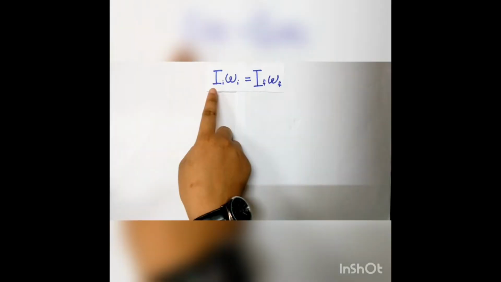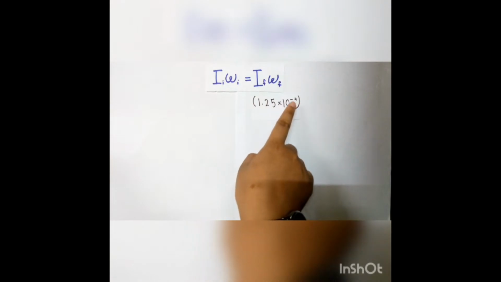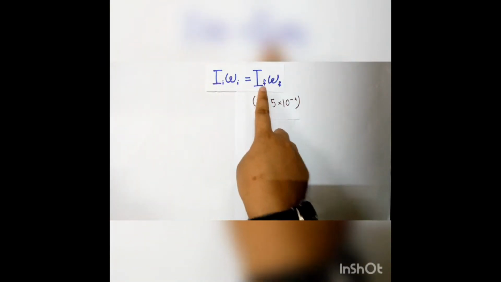We already know the initial moment of inertia in A, which is 1.25 times 10 to the power negative 4. So now we just need to find the final moment of inertia.